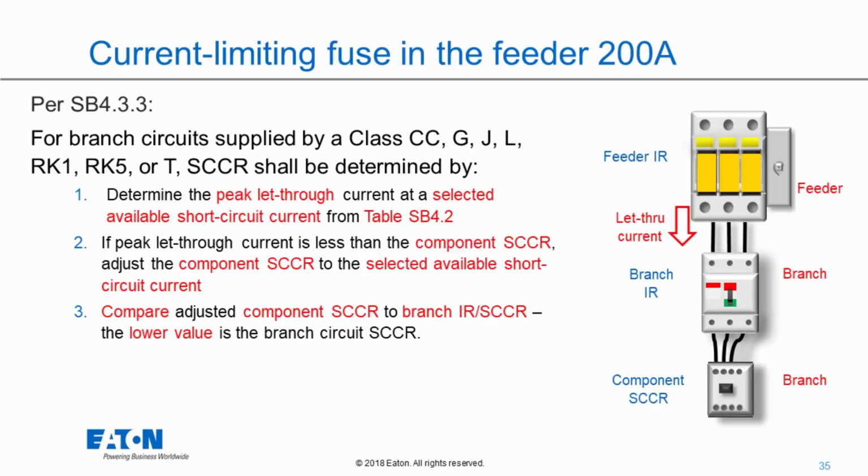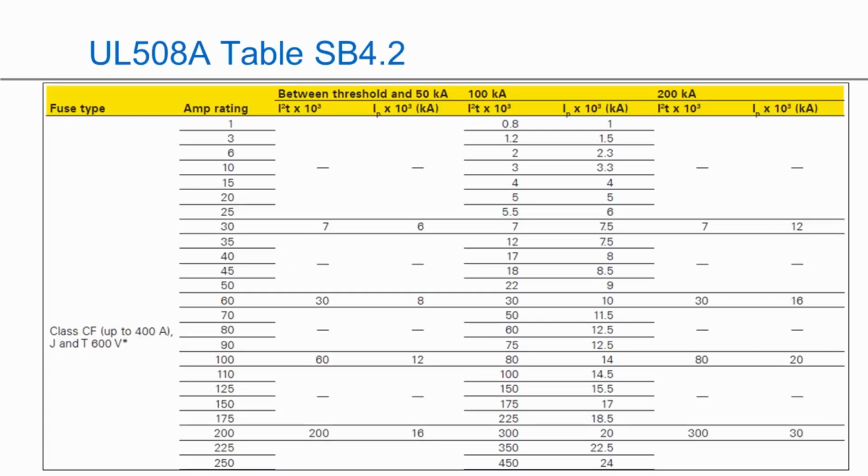One quirky thing important to know about using a current limiting fuse in your feeder is that, unlike a circuit breaker, where we went to the manufacturer's table, looked up available fault current and let-through, and that's what we used, that's not what we do with fuses.